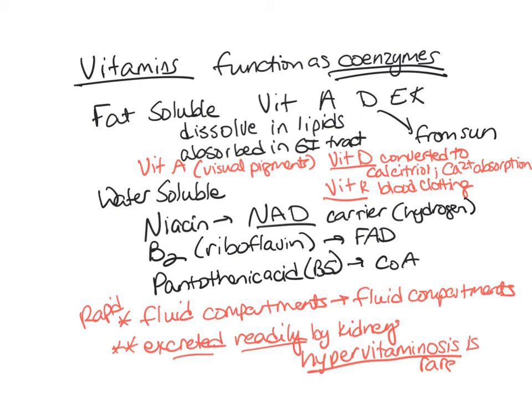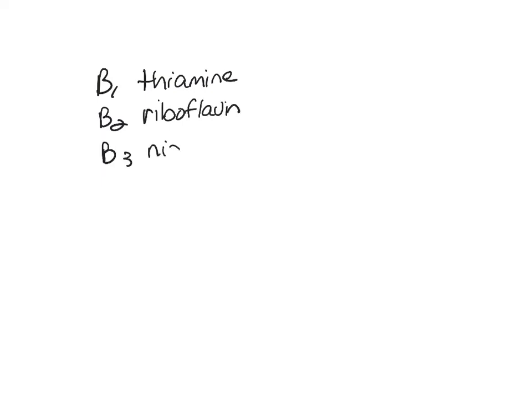There are other B vitamins that are water soluble, so I want you to know those. I want you to at least know the names of these vitamins. So B1, another name for vitamin B1 is thiamine. Another name for vitamin B2 is riboflavin. B3 is niacin. B5 is pantothenic acid.